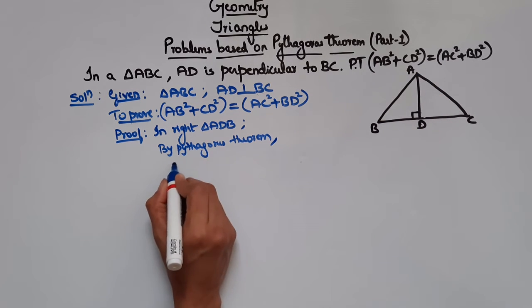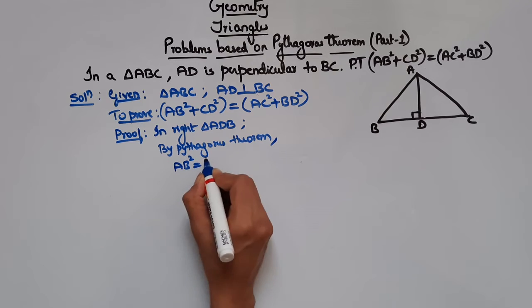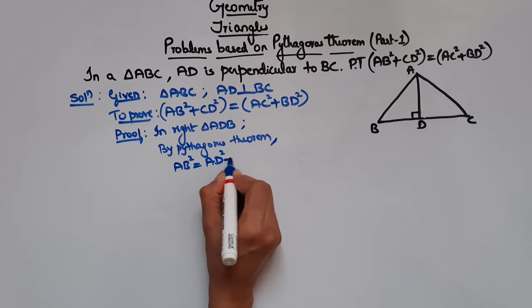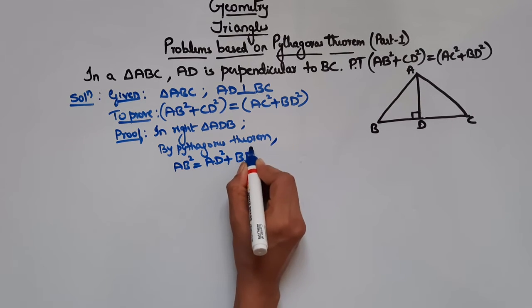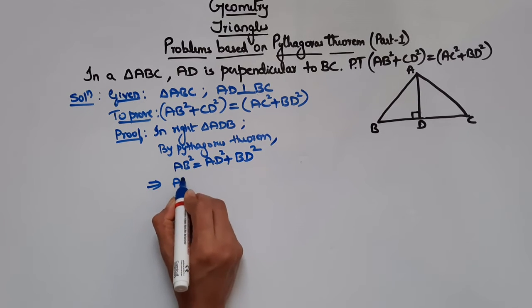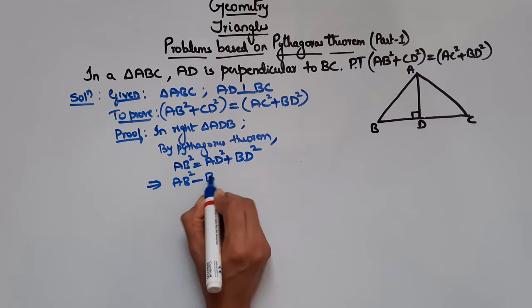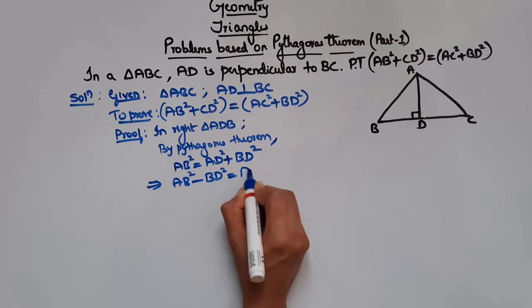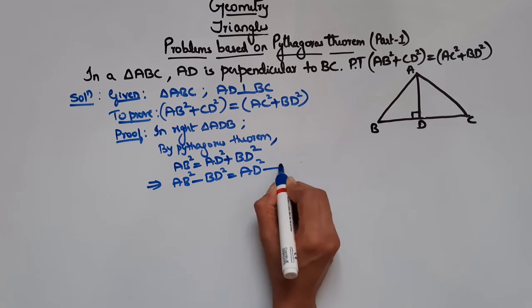So AB square minus BD square is equal to AD square. Let's take this as equation 1.